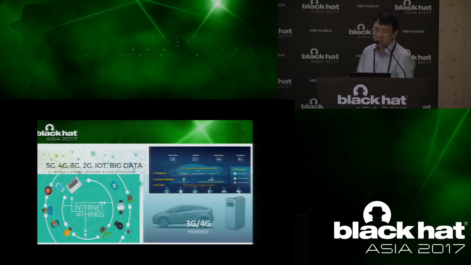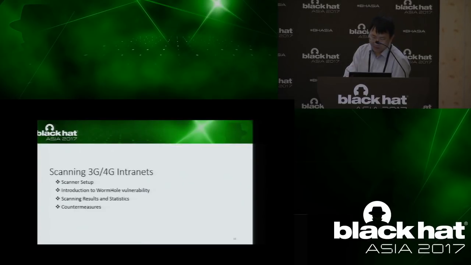Okay? And basically here I introduced you the idea about 3G, 4G and why we call it intranet. Next, I'm going to introduce you our work, the network scanning against those 3G and 4G intranets. In this part, I will introduce the scanners we set up, and also the case study, the WormHole vulnerabilities, and several scanning results and statistics which you may be interested in.